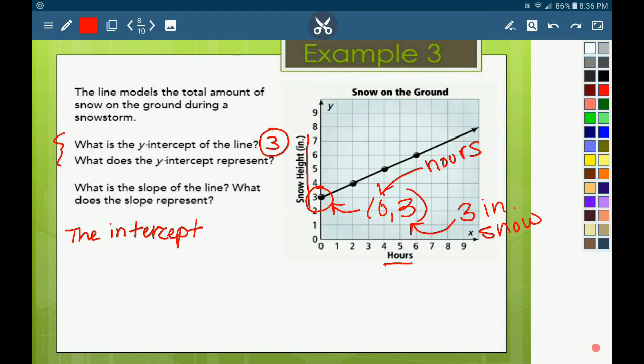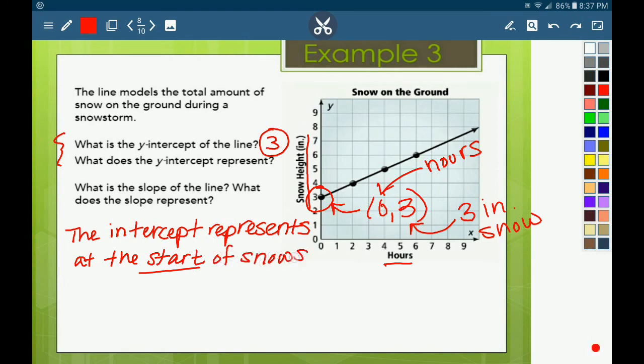So the y-intercept represents, at the start, it's important that we say start, at the start of the storm or snowstorm, there was 3 inches of snow already on the ground. Or we could just say 3 inches of snow. Okay, so at the start of the storm, there was already 3 inches of snow.